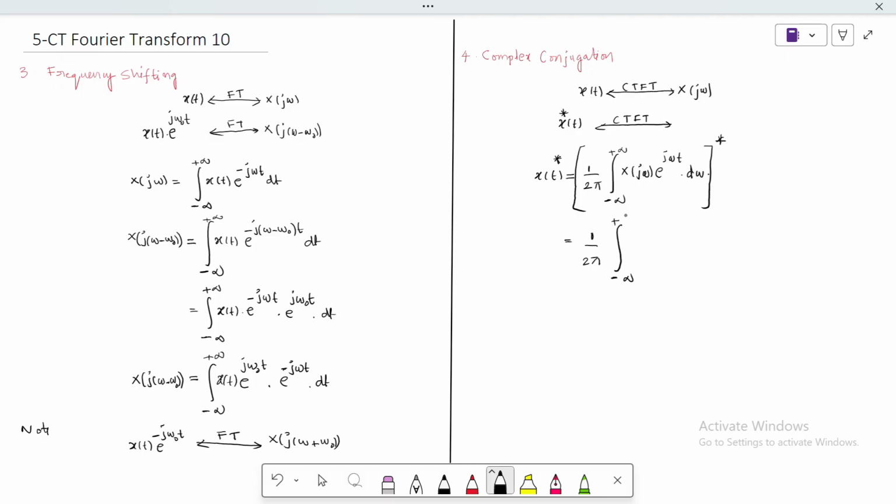Integral from minus infinity to plus infinity of the complex conjugate of x of j omega into the complex conjugate of e power j omega t into d omega.